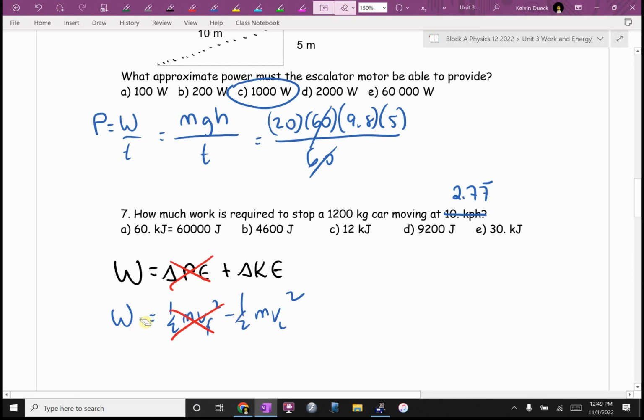Technically this work is also negative. The negative here is saying the car has to lose energy, and it's saying the force and the distance are in opposite directions. What I'm really saying is for a car stopping, when you get to this line, if you want to, you can just say the magnitude work equals a half mv squared.